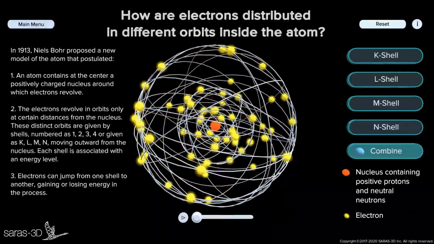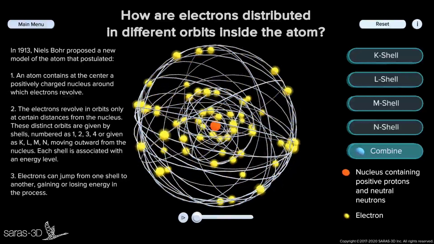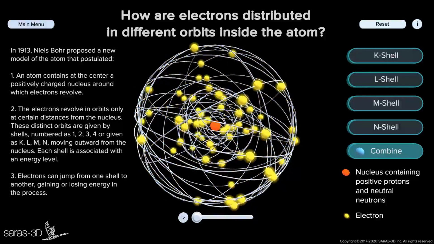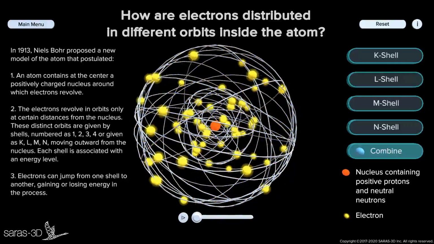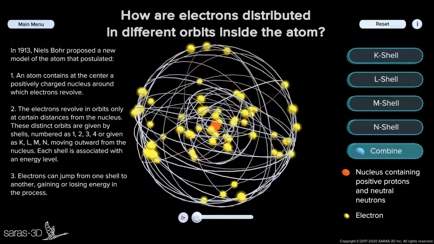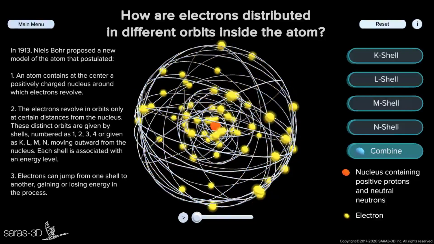We can see that the electrons revolve around the nucleus in specific orbits, that is specific energy levels, which are assigned as K shell, L shell, M shell and N shell. And we just saw how many electrons can be accommodated at most in each of these shells.